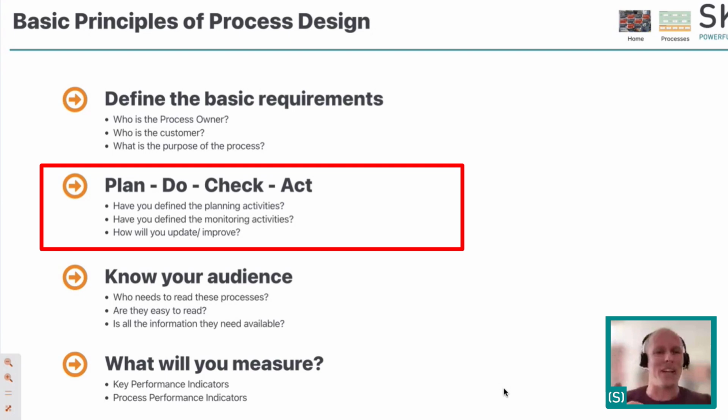So at the end, they have a checkpoint, or a retrospective, they often call it. And then there's an act piece. Okay, what are we going to do differently next time? So that the process, when all those activities are followed, works really, really smoothly and continues to be flexible and adapt over time.